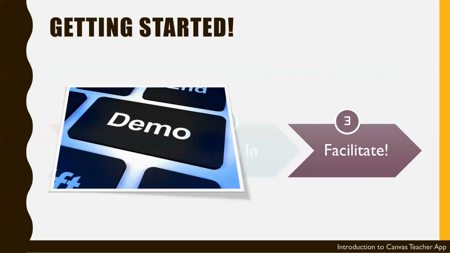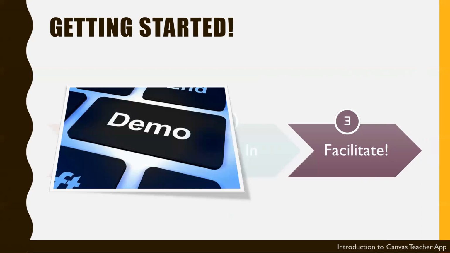But the courses that you have access to as a student, you are not going to be able to see within the Teacher app. Remember, the Teacher app is designed for teachers only. So if you're also taking classes and want to access a course that you are enrolled in as a student, you would have to use another Canvas app, called Canvas Student, to access a course as a student.